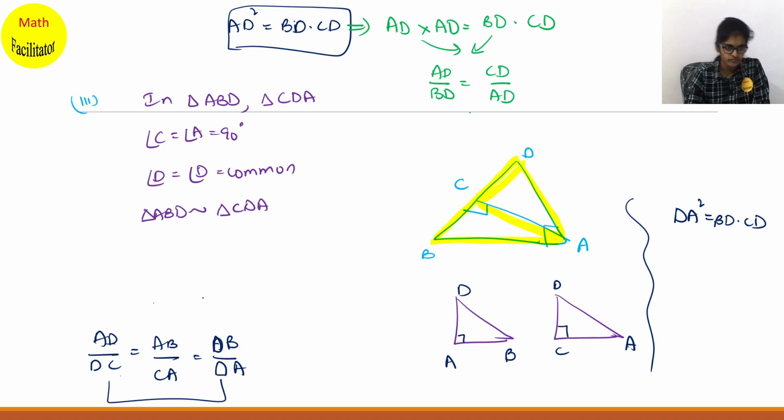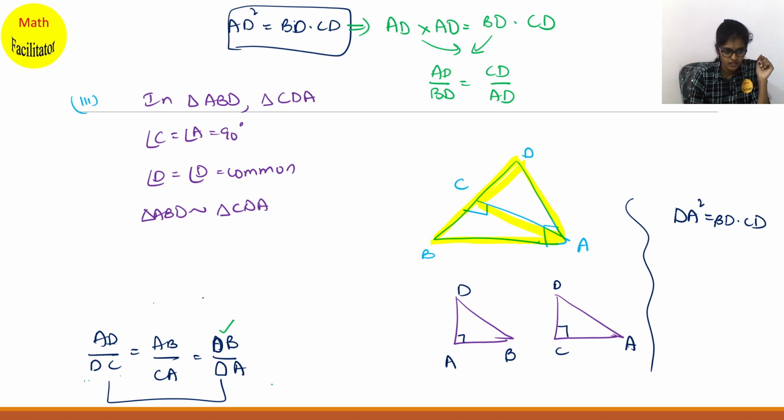See here, AD by BD is equal to, we have taken the reverse order, CD by AD. This triangle I have taken first and second.